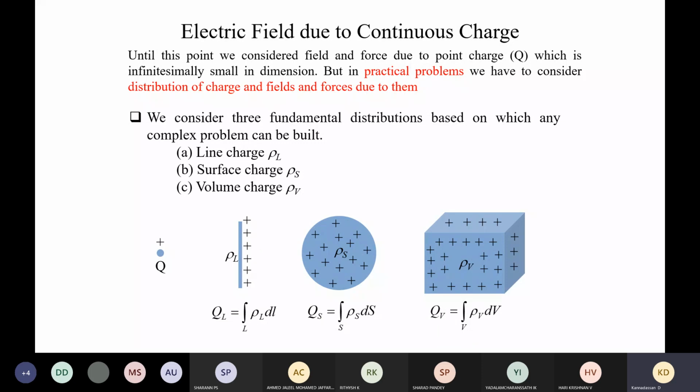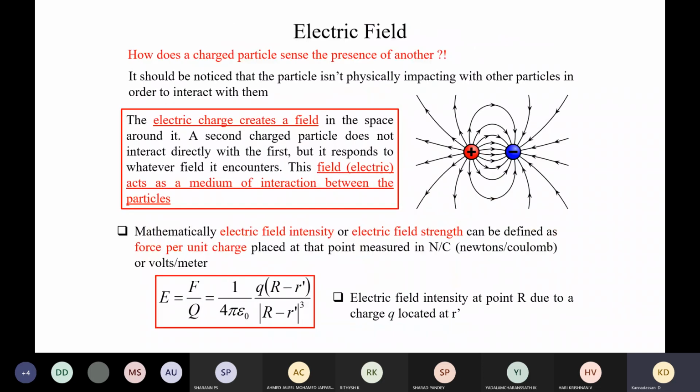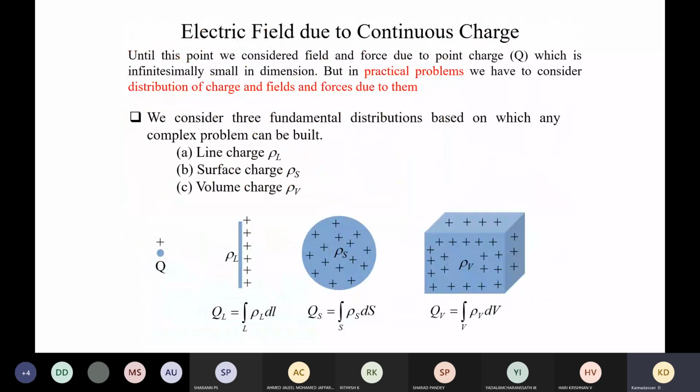Now we will move to the same study: with the help of Coulomb's law, we have described the electric field due to a point charge. A point charge is a very rare phenomenon, almost a theoretical condition, but we have many applications with different shapes.